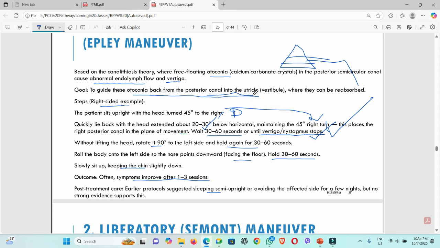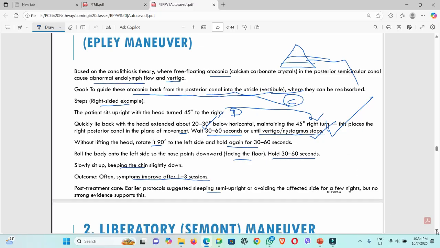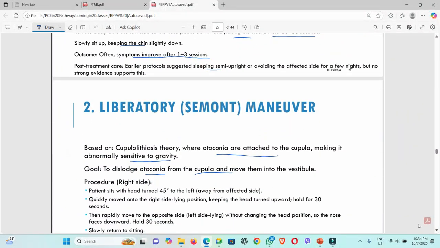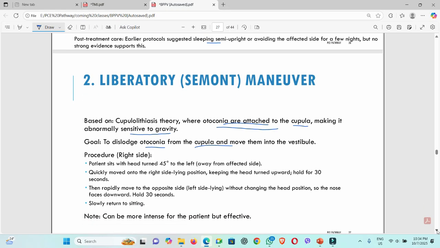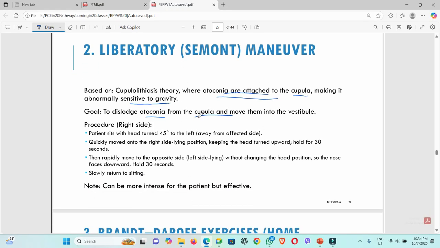In canal. Okay, this posterior canal will swell up to form ampulla, and inside ampulla there is cupula. Now, liberatory or Semont's maneuver is used where otoconia is attached to cupula. To dislodge otoconia from cupula, we move them into the vestibule.